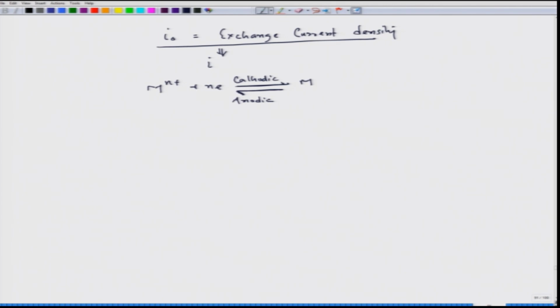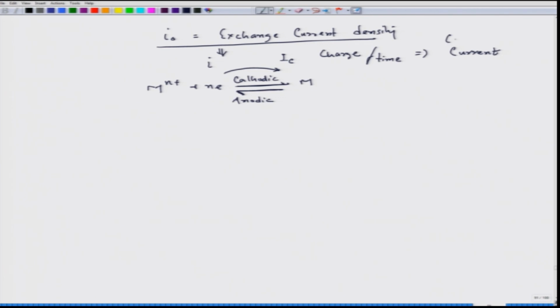Now, if I see the cathodic part, the rate at which electrons are consumed, we can express in terms of IC, the charge per unit time, which is equal to current, and this current is involving the cathodic reaction.